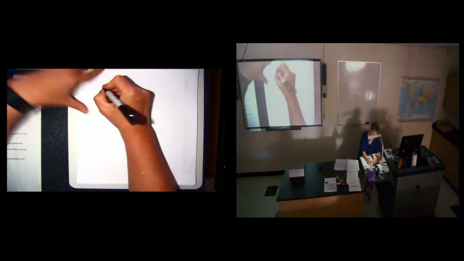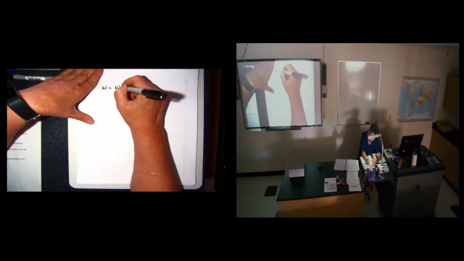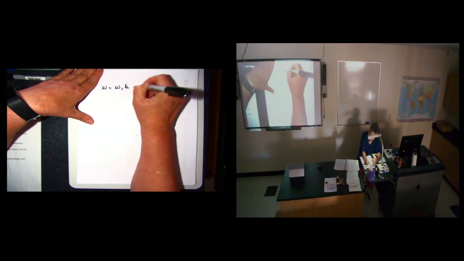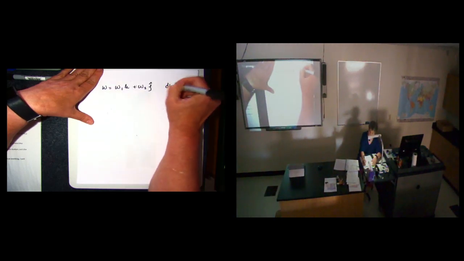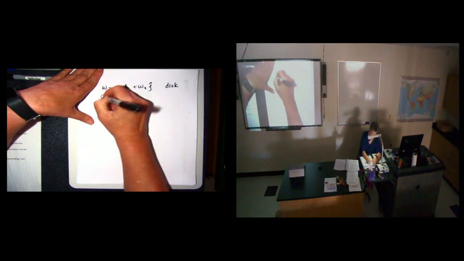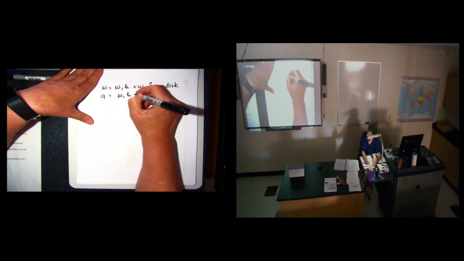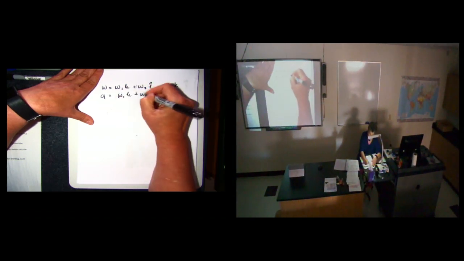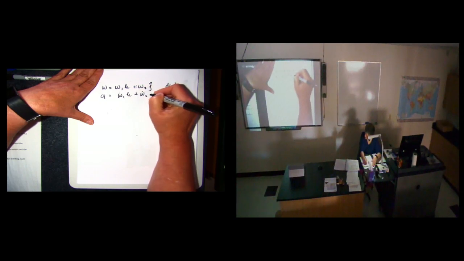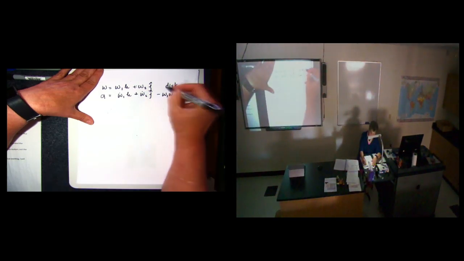First, for the disk, we know that omega is omega 1 K plus omega 2 J. And this is the disk. And alpha of the disk is omega 1 dot K, oh, I forgot to put the dots, omega 2 dot J minus omega 1 omega 2 I. So this is of the disk.